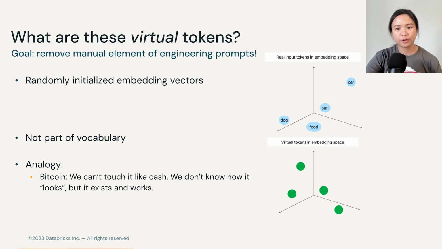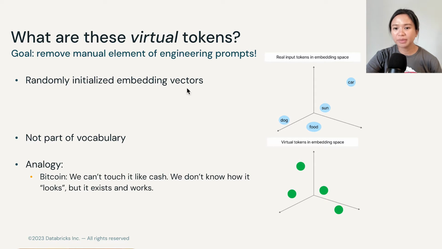So what are these virtual tokens? Remember that the challenging part with prompt engineering or writing discrete prompts was that it's very manual and very labor-intensive and very error-prone. So instead of relying on humans crafting the perfect prompt, in soft prompt or virtual tokens, we let the model find the best prompt through fine-tuning.